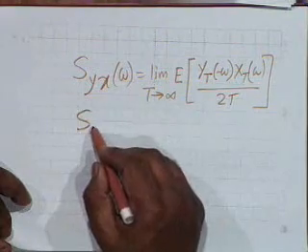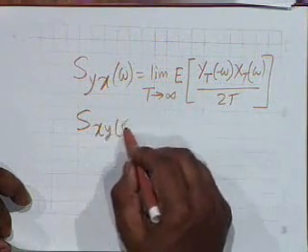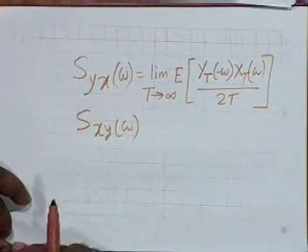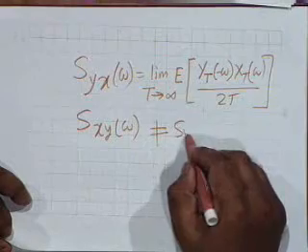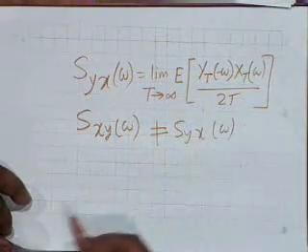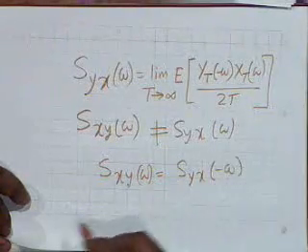You notice that S yx of omega and S xy of omega are not necessarily equal. S xy of omega is equal to S yx of minus omega. That is correct.